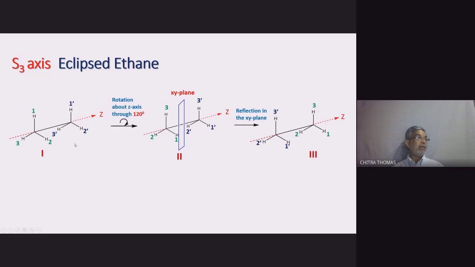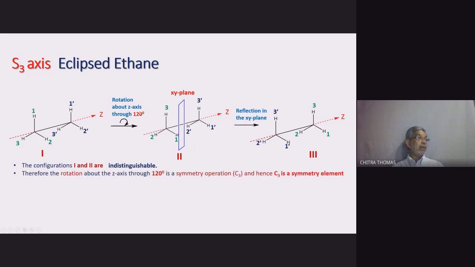Now we compare configuration 1 and 2. Are they distinguishable or indistinguishable? They are indistinguishable. Therefore, the rotation about the z-axis through 120 degrees is a symmetry operation, and hence C3 is a symmetry element. This was not the case with an S2 axis. Now, you compare configuration 2 and 3. They are also indistinguishable.